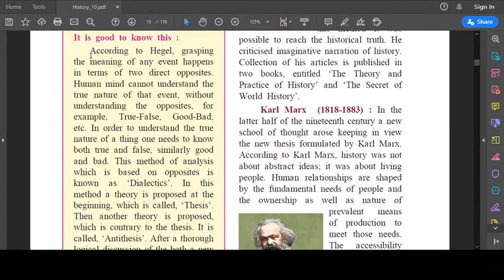First line, first point. According to Hegel, grasping the meaning of any event happens in 2 direct opposites. This is the first point.